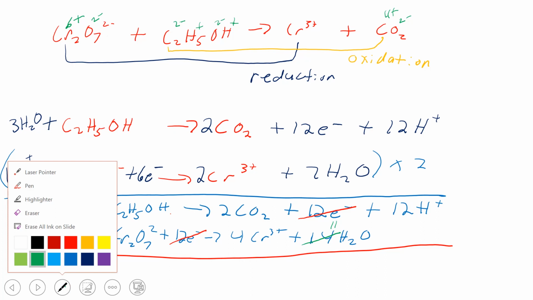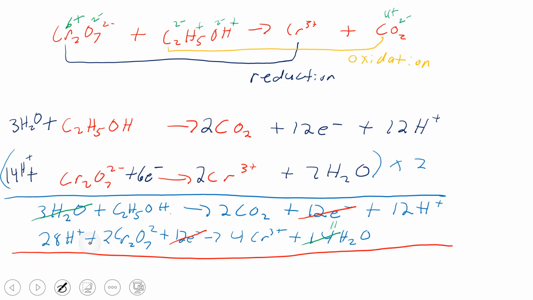And we have 12 H plus on the product side of our first reaction, 28 on the reactant side of our second reaction. So these 12 H pluses will cancel with 12 of these and leave us with 16 H pluses.